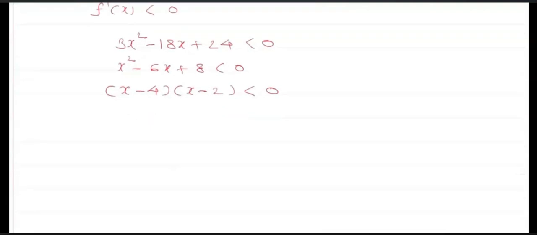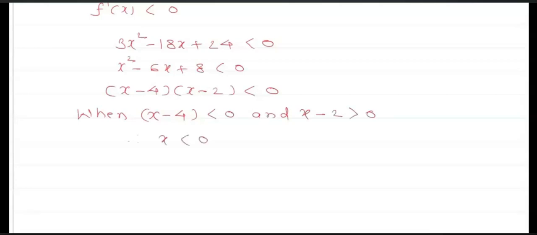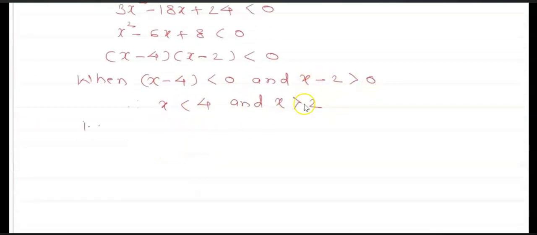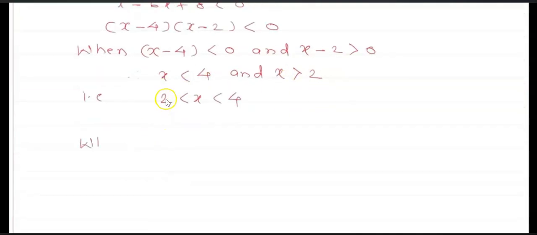Factorize it. (x minus 4) into (x minus 2) is negative. As it is negative, both of them have opposite signs. Thus x minus 4 is negative and x minus 2 is positive. If we solve this, add 4 on both sides, then x is less than 4. Add 2 on both sides, x is greater than 2. Therefore, the value of x lies between 2 to 4.